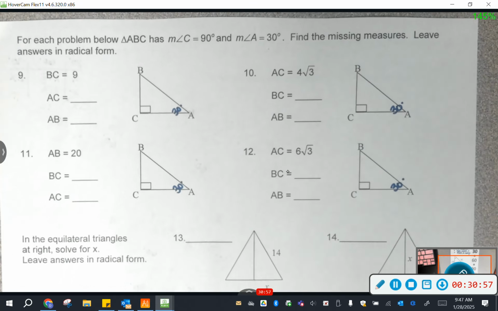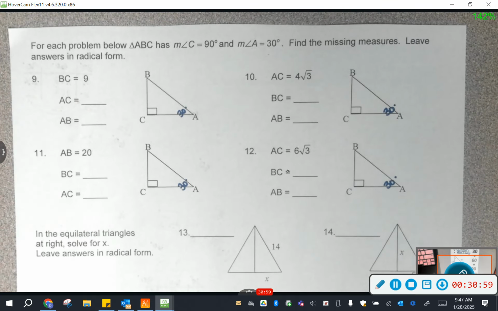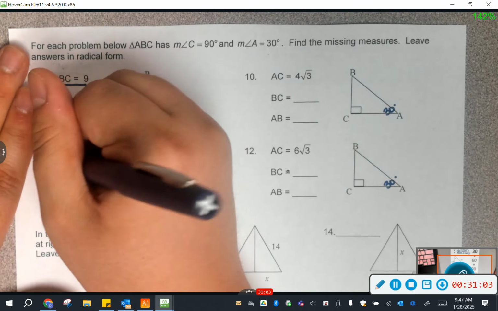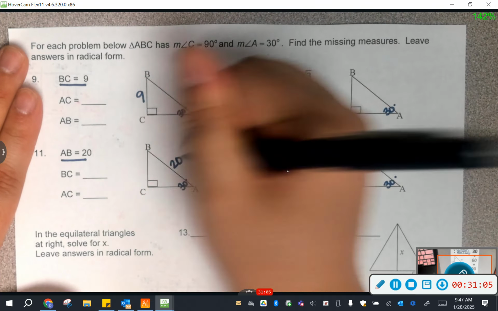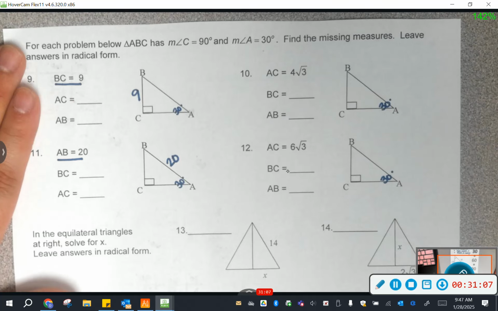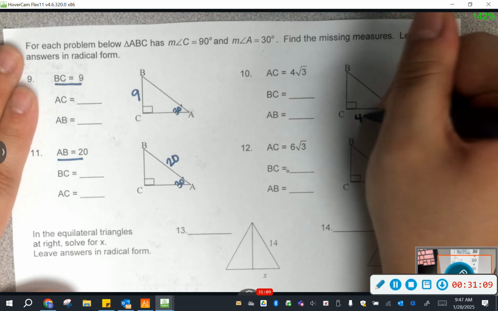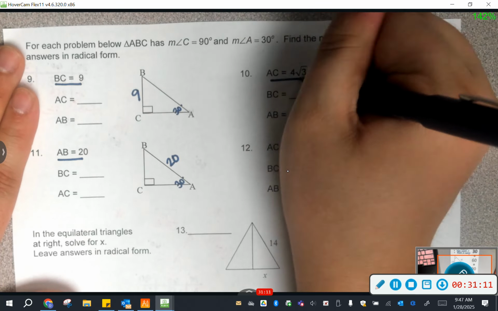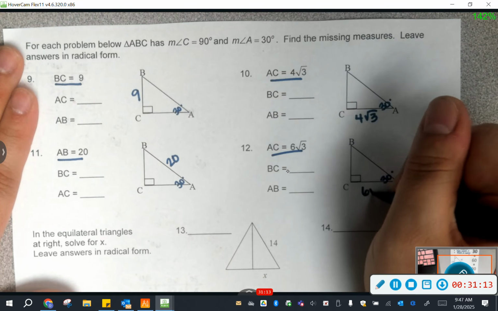Everybody write 30 degrees on all of these. And then make sure you're just labeling it correctly like it says. BC is 9. AB is 20. Make sure you're putting them in the right spot. AC is 4 square root of 3. AC is 6 square root of 3.